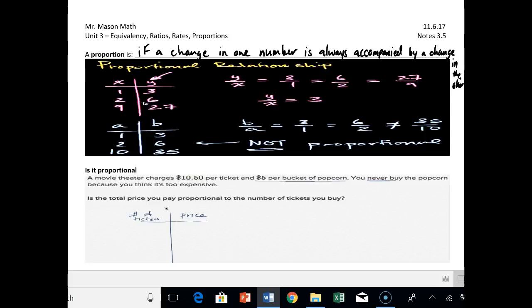Basically, we have to be able to say that the rate of change between these two numbers stays the exact same the whole time for it to be proportional.